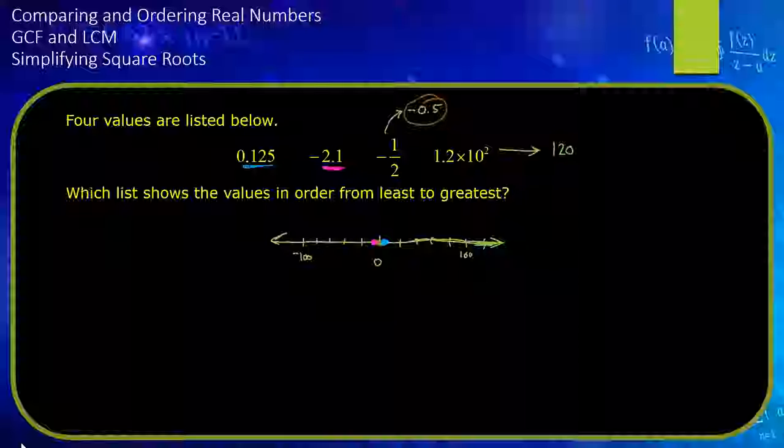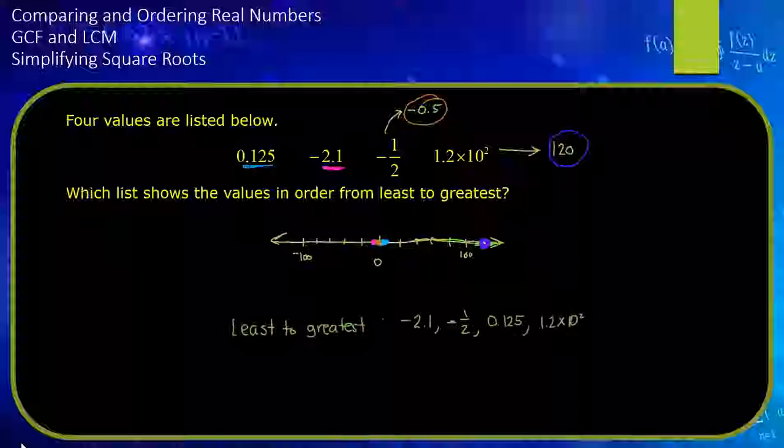Negative 1/2 is going to be right smack up against it with this scaling. It's closer to 0 than negative 2.1, and of course 1.2 times 10 squared is going to be way over here. So if I'm ordering these from least to greatest, it goes negative 2.1, negative 1/2, 0.125, and 1.2 times 10 squared.